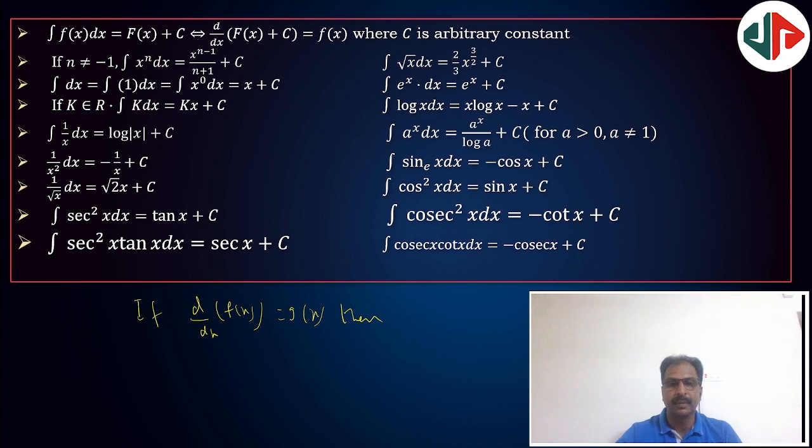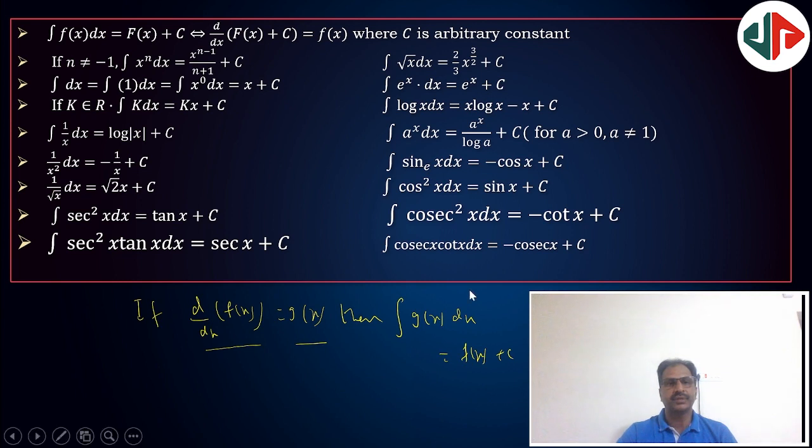Then the same thing can be written as integration of g of x with respect to x is equal to f of x plus c. Here c is known as the constant of integration or integration constant. So if the derivative of function f of x is g of x, then the integral of g of x is known as f of x. This is the basic definition of integration.